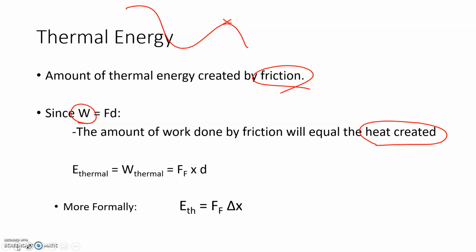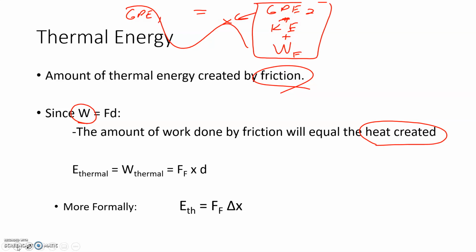In our grand energy equation, we're going to have some GPE here. At this point, we're going to have some GPE, some KE, and what? What do we have to take into account? Plus the work done by friction, right? So in our energy equation, GPE1 is going to equal all of these added together. I'm kind of getting ahead of myself, but this is where we're going with these problems.